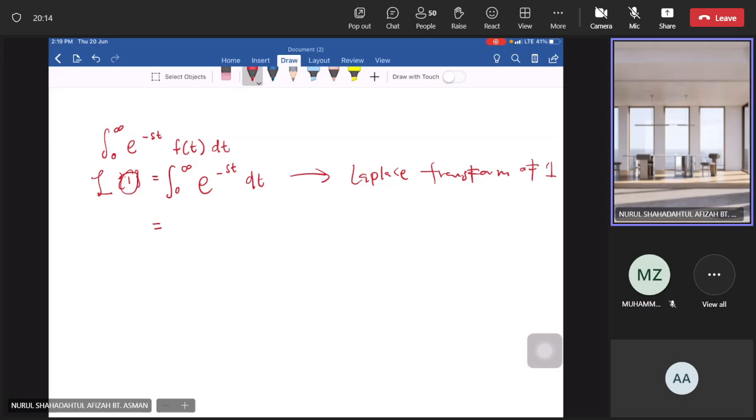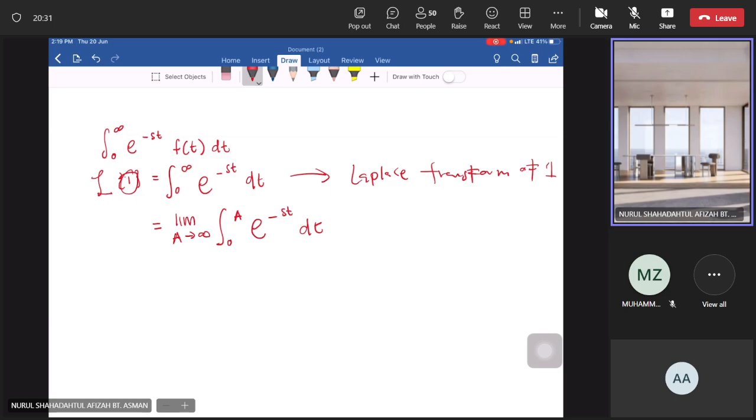So let's say that a approaches infinity of the integral, from 0 to a, of e to the negative st dt.